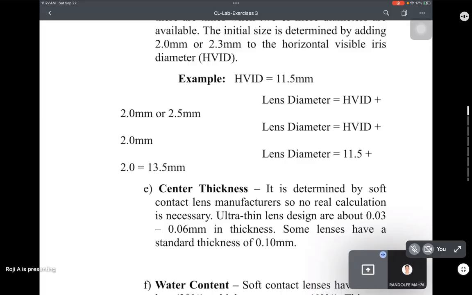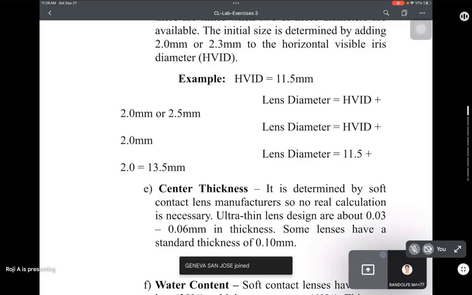Or if you use plus 2.5, or 2.25, because it's a range, I can use 2.25. Since it's a range from 2 to 2.5, I can also use a factor of 2.25 addition. And that should be my lens diameter. So far, so clear, Randolph?